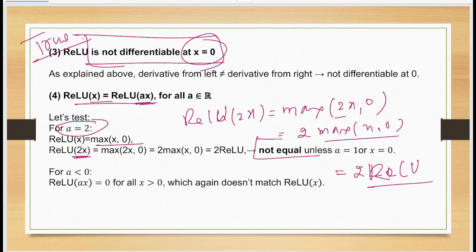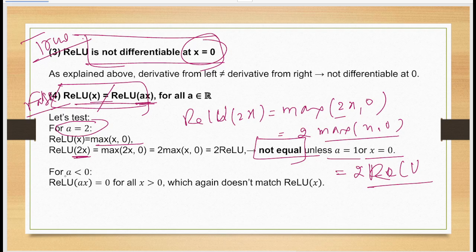It may be true when a equal to 1 or x equal to 0, but for other values it is not the same. In this question it says equal, so it is not equal. So this is also false.